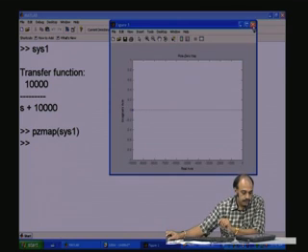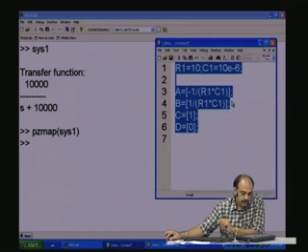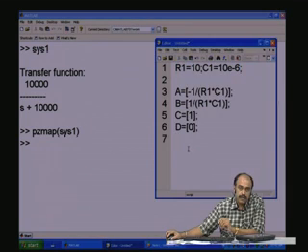Now, let us try to find out what will be the transfer function for the voltage across R to the voltage that is the input voltage that you are supplying.